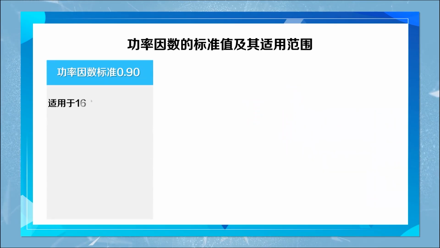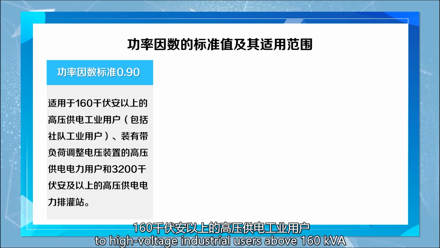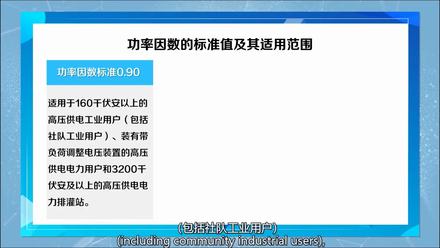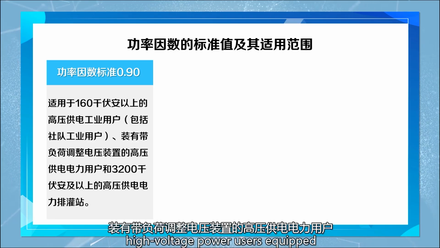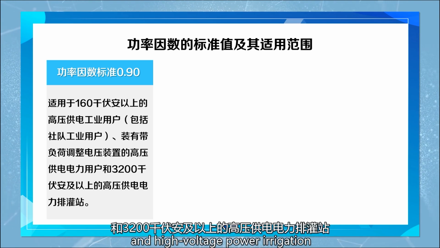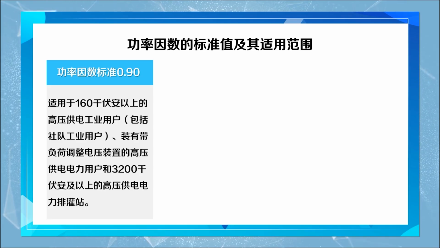First, power factor standard 0.9 is applicable to high-voltage industrial users above 160 kVA, including community industrial users, high-voltage power users equipped with load-adjusted voltage devices, and high-voltage power irrigation and drainage stations above 3,200 kVA.